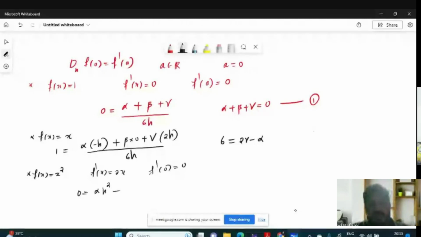Plus gamma into 2h whole squared, that means 4h squared, divided by 6h. Then, yeah, you can cancel h. 0 equals alpha h plus 4 gamma h. H you can take as common, and 6 you can take to the left hand side. Alpha plus 4 gamma equals 0. Alpha equals minus 4 gamma.